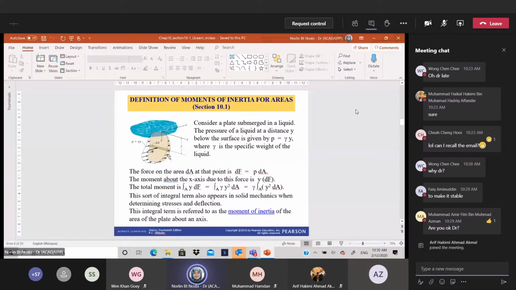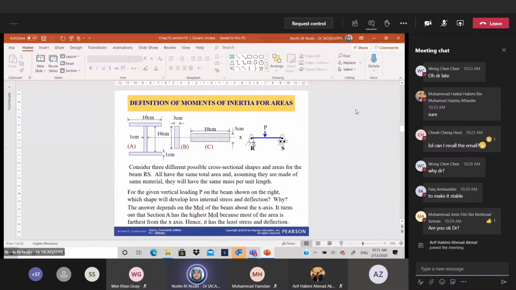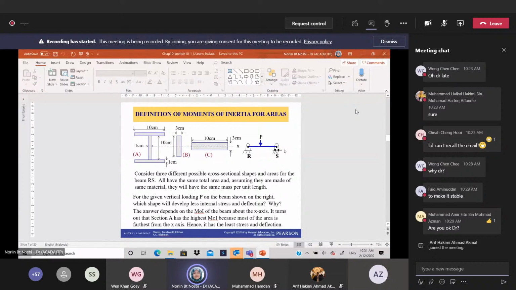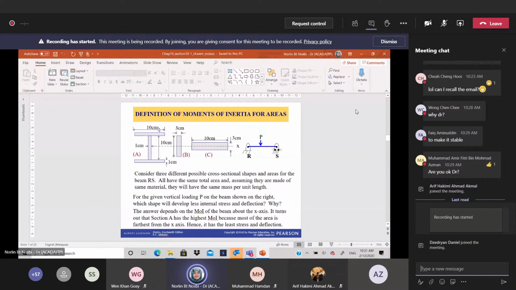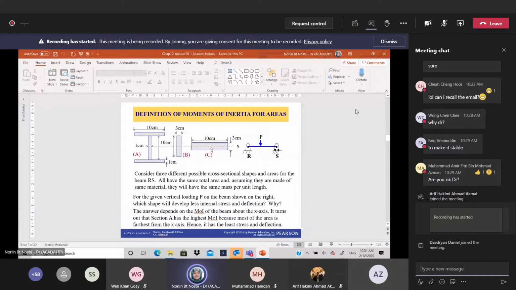For example, this beam is on top of R and S. If the beam has a different shape, maybe an I shape, or a vertical shape and a horizontal shape, and you find the total area, you assume all are the same. So how do you find the moment of inertia? How do you relate it?